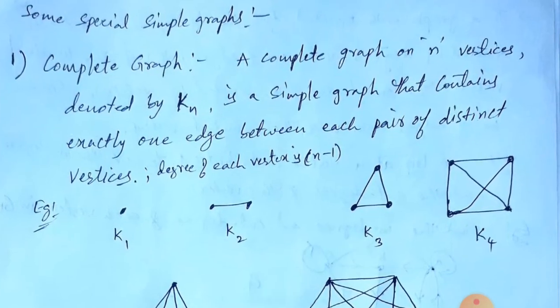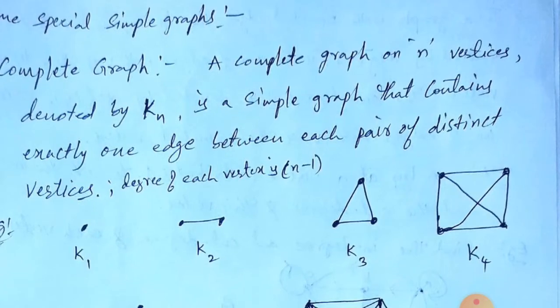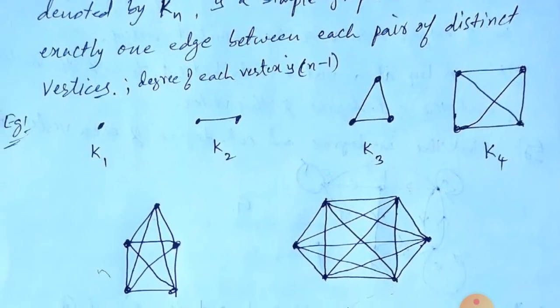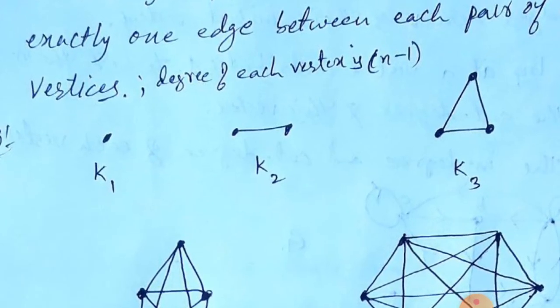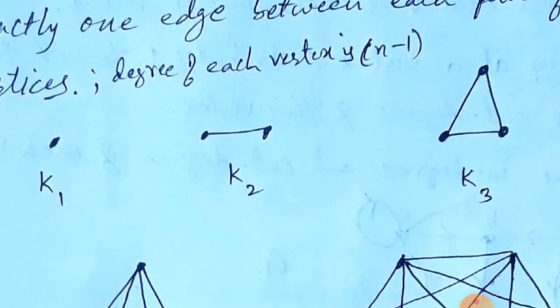Now observe the definition of a complete graph. A complete graph on n vertices, denoted by Kn, is a simple graph that contains exactly one edge between each pair of distinct vertices. The degree of each vertex is n minus 1 in a complete graph. Now observe K1, that means one vertex, simply only one vertex. Now K2 is a complete graph with two vertices and there is only one edge.